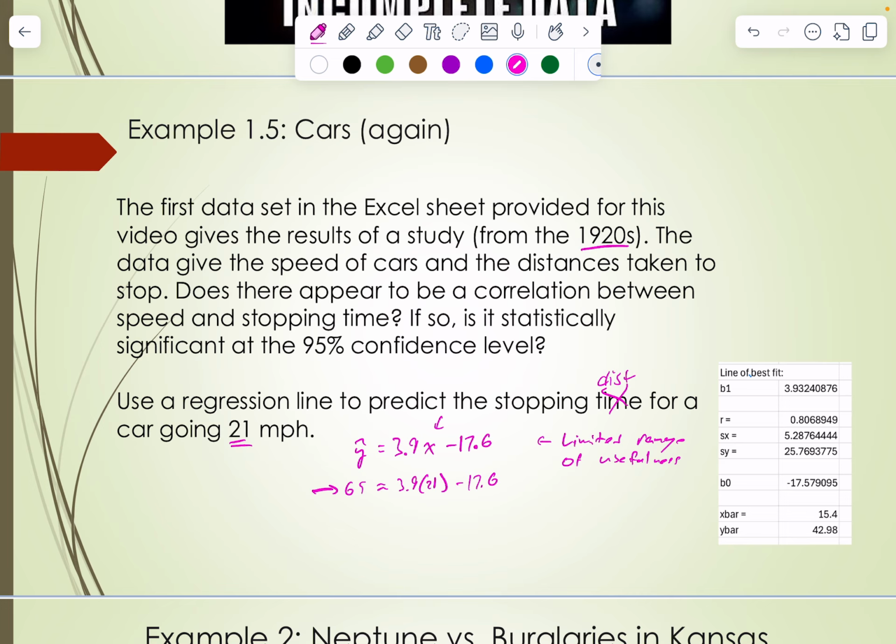So this model is valid within the range it was designed for, but clearly not valid outside of that range.